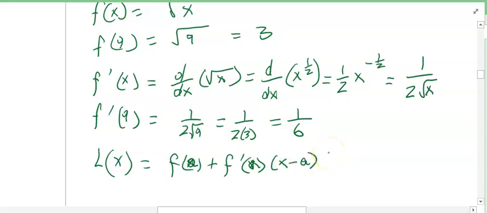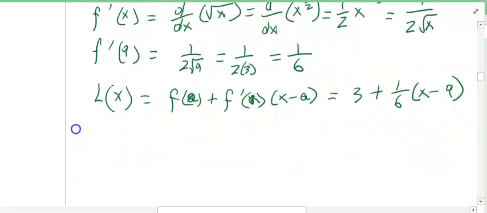And so at 9, it's going to be 3 plus 1 over 6 times x minus 9.